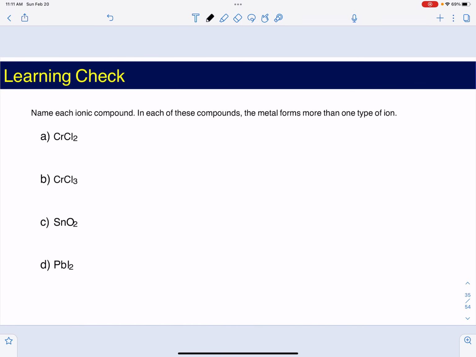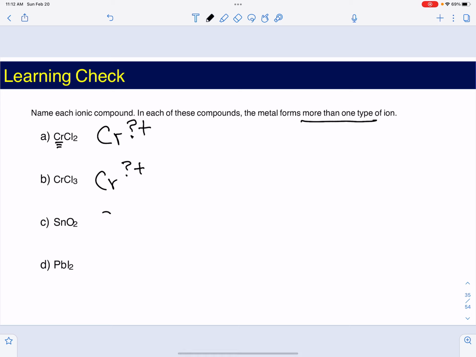What happens when I have more than one type of ion? Well, this is a transition metal, so I'm going to have to find out what is the number for the positive charge. It's a metal, so it's positive. This is also chromium, so I'm going to have to find out the number for the charge.